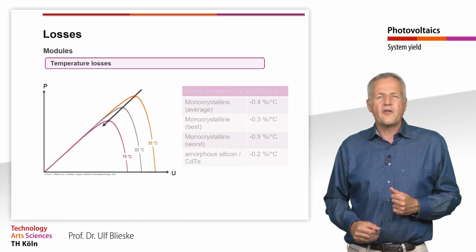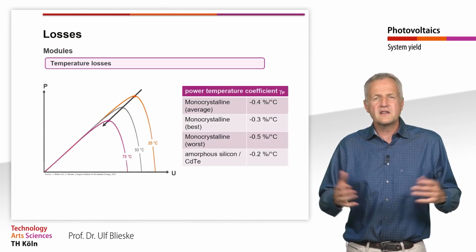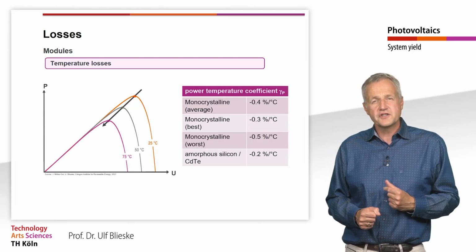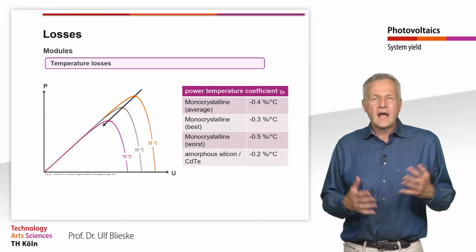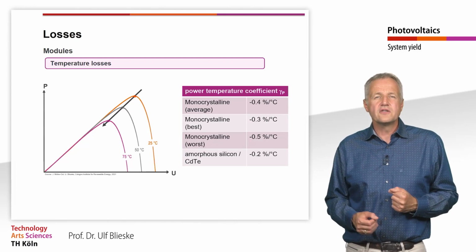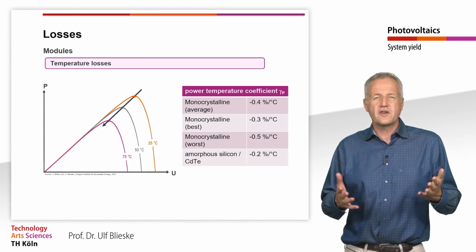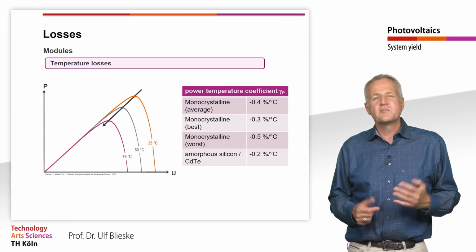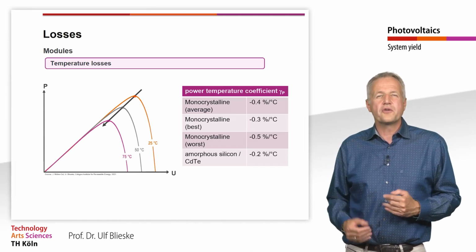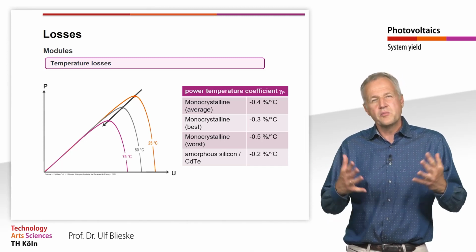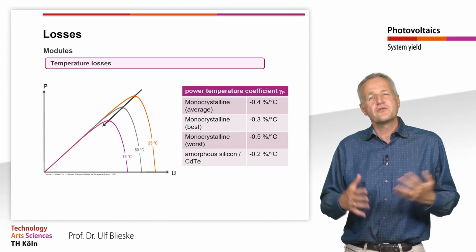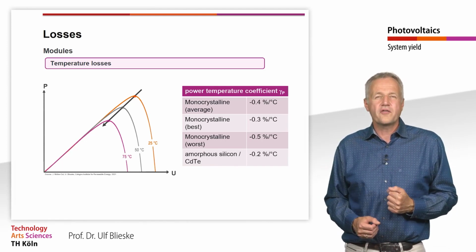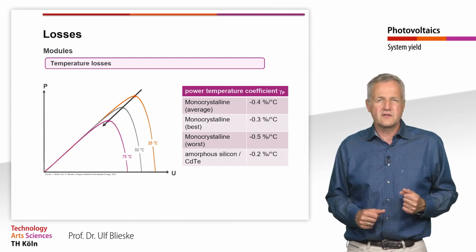The decrease of the module power with temperature is described by the temperature coefficient gamma. For an average monocrystalline silicon module, it is minus 0.4% per degree Celsius. In the best case, it is below minus 0.3% per degree Celsius, but poor monocrystalline modules can also have values of minus 0.5% per degree Celsius.